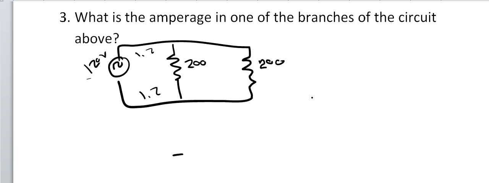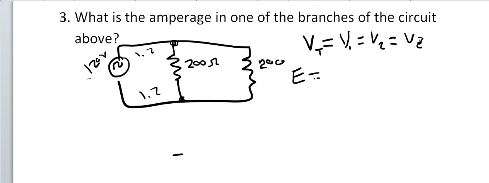The question here says, what is the amperage of one of the branches? Well, we know in a parallel circuit that the voltages are the same across each load, that means that there's 120 volts between here and here. And we know already that the resistance is 200 ohms. So again, we have the elements that we need to solve for the amperage of this branch.